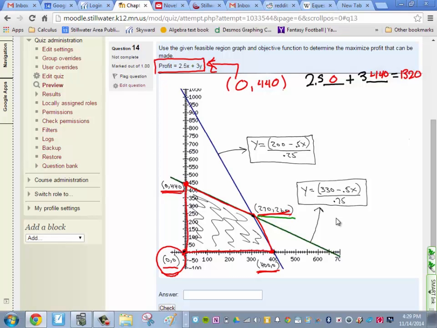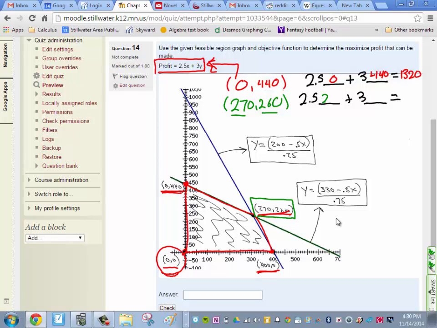Let's try this point right here. I got 270, 260. Oh man, this is going to be tough to do in my head. So we got 2.5 times something plus 3 times something is equal to something. I'm going to plug these points into those two.